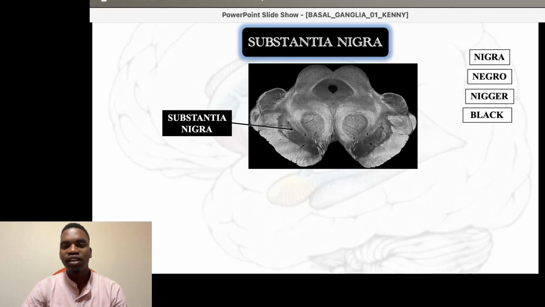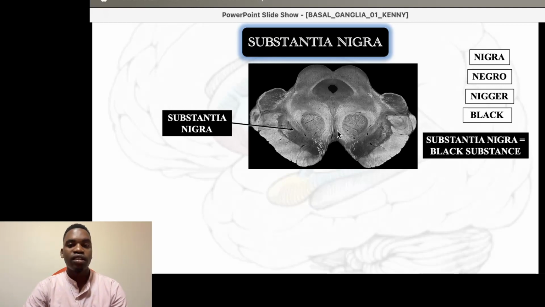All these names translate into the blackish nature of this substance. So we translate substantia nigra into the black substance, and we saw it when we were discussing the brainstem. It is part of the brainstem, but it's also important in movement control, and we'll see.